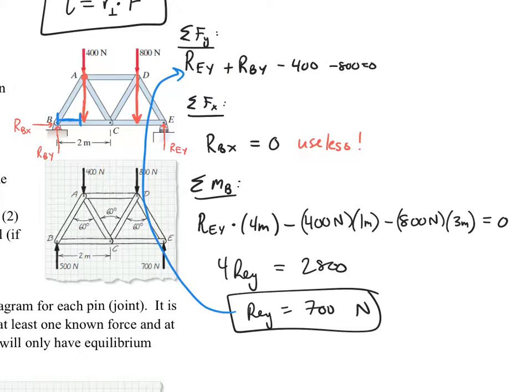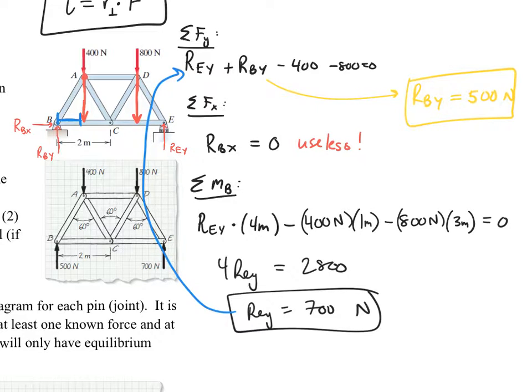Let me write down what RBY is because we're going to really solve for it. So once we plug in for REY in this top equation, we'll be able to solve for RBY, and that will equal 500 newtons. Now, that's all great. We've got a value of that. We've got an idea of where we're headed.